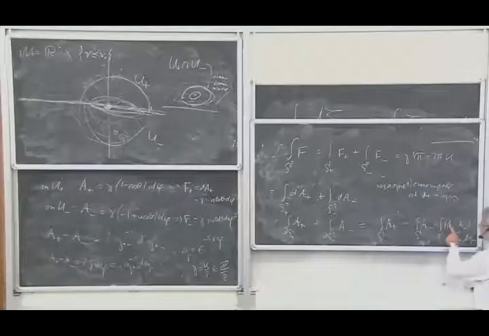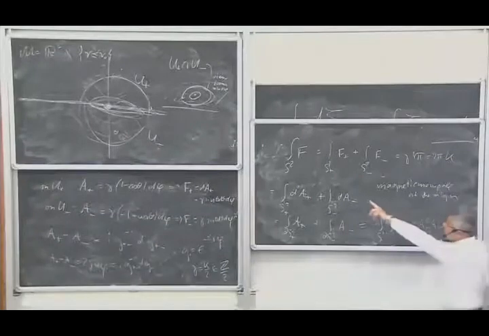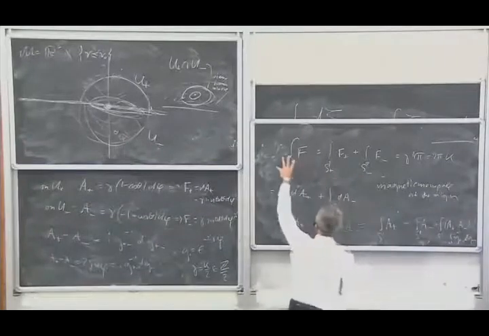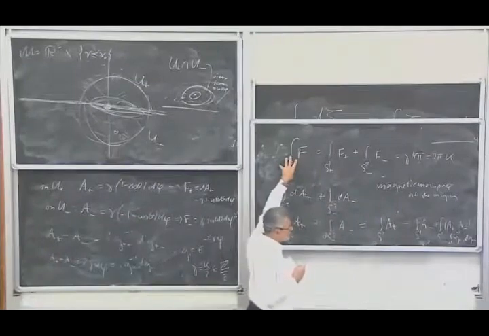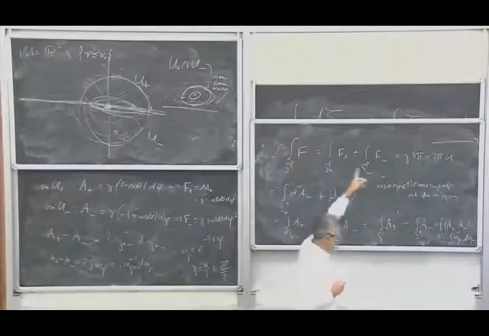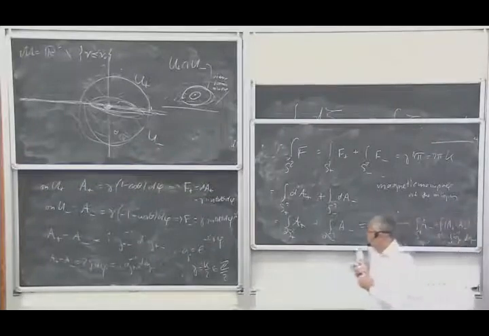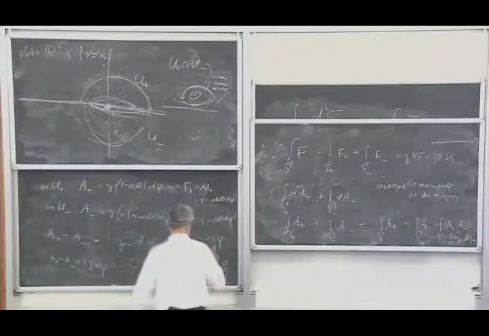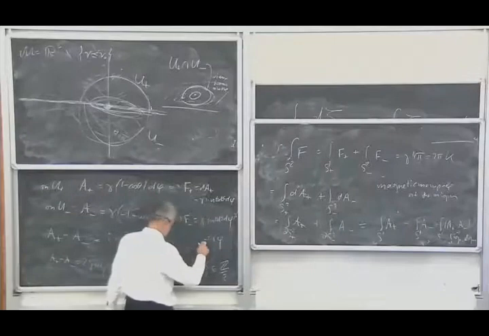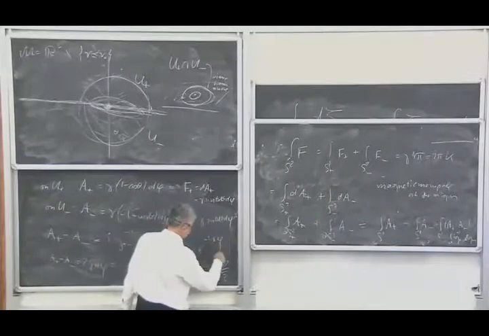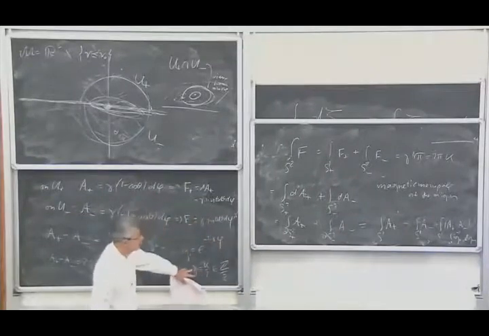So the important thing is that this whole integral of F over the compact sphere is given just in terms of the transition functions between A plus and A minus. And it's because this transition function had to be single valued that it was given by e to the minus ik phi, and we got this integer coming into the game.